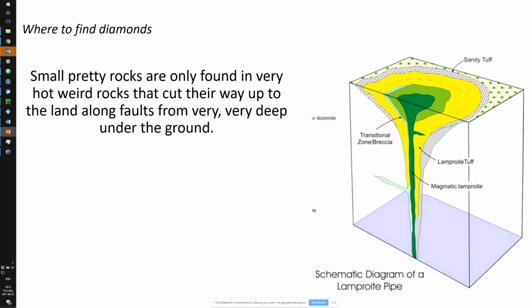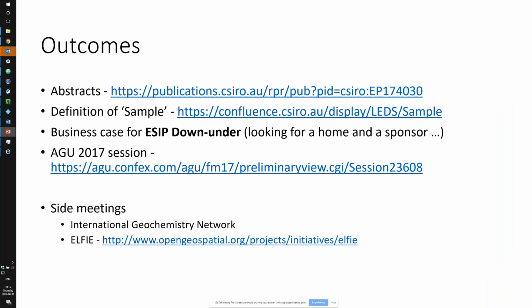So we had a nice one here from Brent McInnes, who's an Australian geochemist, who was describing where to find diamonds, which are small, pretty rocks, which are only found in very hot, weird rocks that cut their way up to the land along faults from very, very deep under the ground. Very limited vocabulary here in the words that were used, although not in the pictures, obviously.